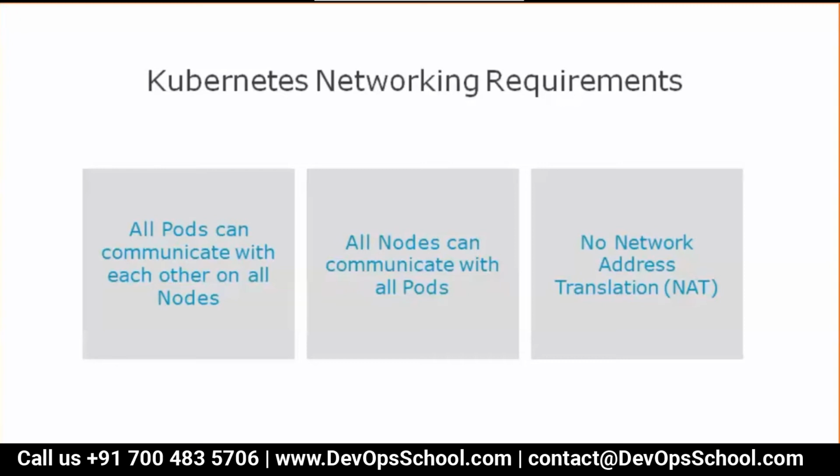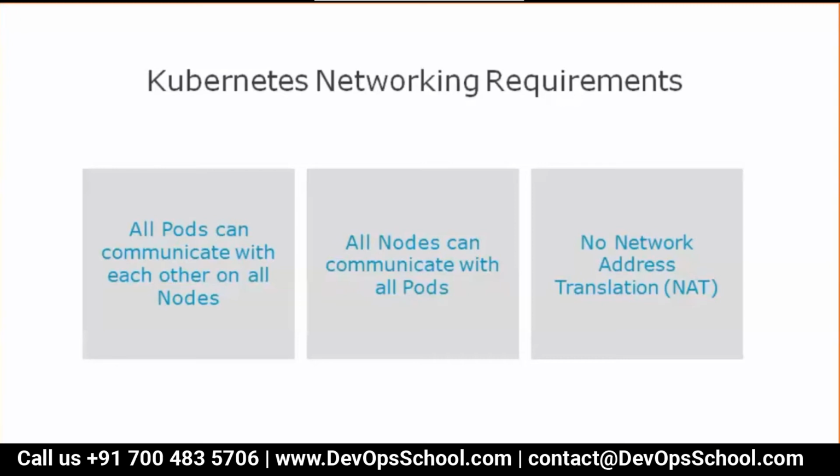So here I state all pods can communicate with each other on all nodes. That is a networking requirement. Now it has to be fulfilled by someone. Which component will fulfill this requirement we'll discuss.